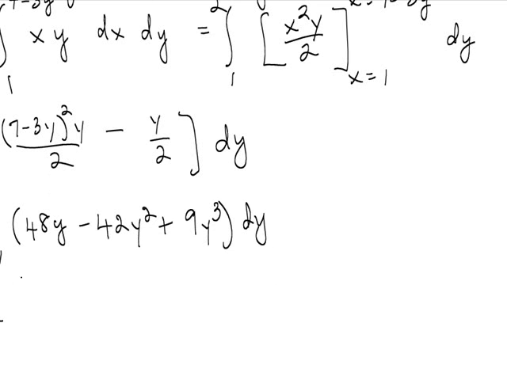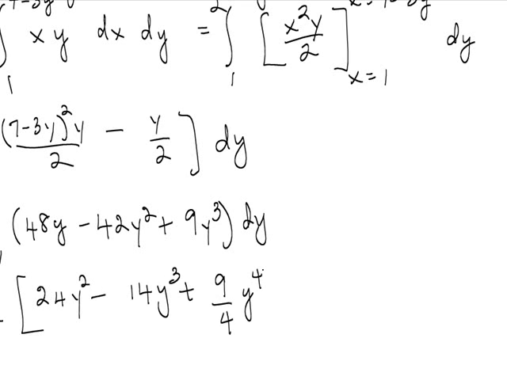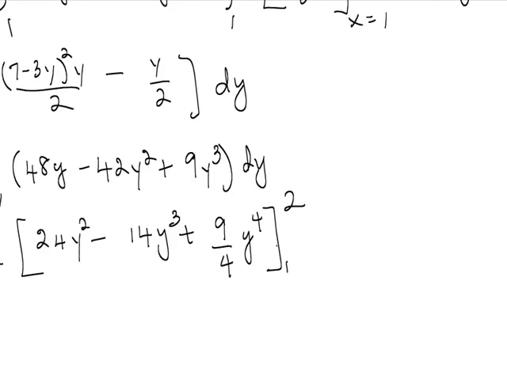Integrate, leave the half, integrate. 24y squared minus 14y cubed plus 9 over 4y to the 4th, from 1 to 2. And this leaves us with 31 over 8.